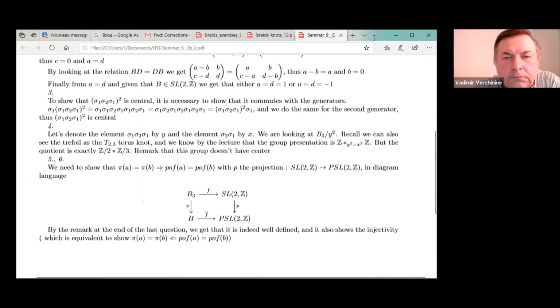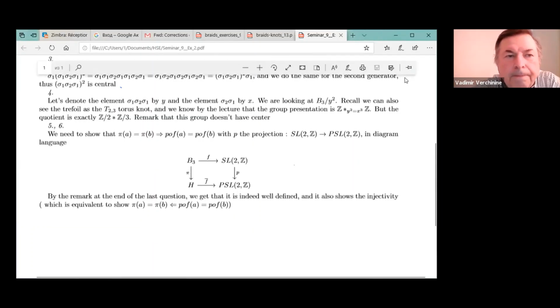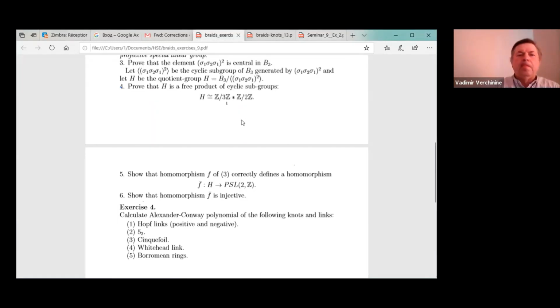So now let us consider that in the same way, if we have Z3 and Z2, we can construct the homomorphism, and if we take into account the remark that Raphael made from the very beginning, actually it becomes a surjective map.